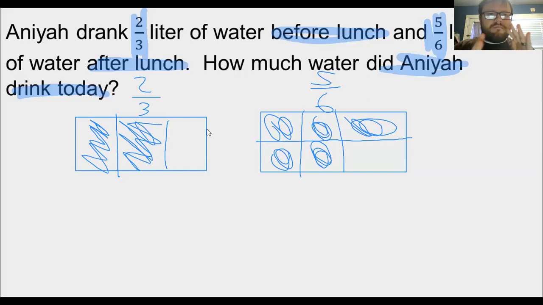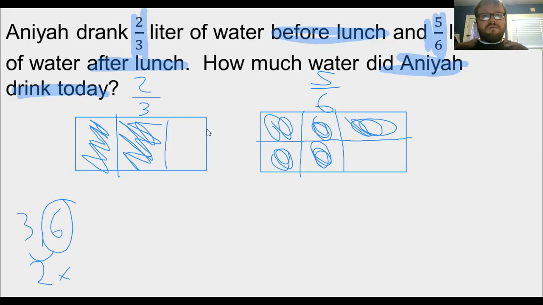So I go, okay, I see if 6 is a multiple of 3. I start with the smallest denominator and see if I can count to my largest denominator. So right here on the bottom I'm gonna count. 3, 6. Oh, I can count by 3s to get to 6. And I see that I do that 2 times.